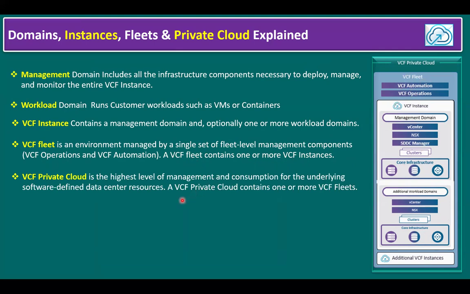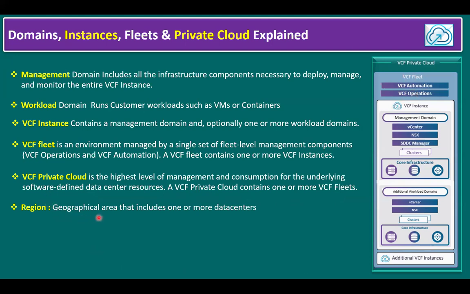Now, another point is the VCF Private Cloud. Private cloud is the highest level of management and consumption for underlying software defined data center resources. A VCF Private Cloud contains one or more VCF fleets. Not only VCF fleet 1, we can configure additional VCF fleets 2, 3, and so on. Okay. Now, let's talk about the region.